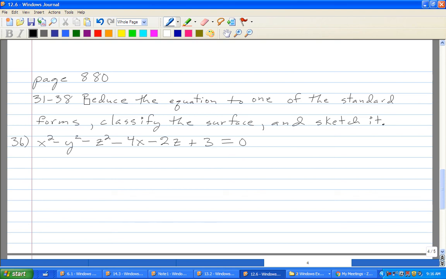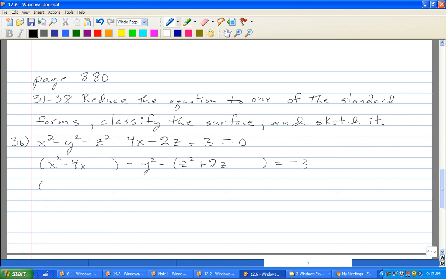Let's try to complete the square. Let's group x's together, y's together, z's together, and bring the 3 to the other side of my equation.